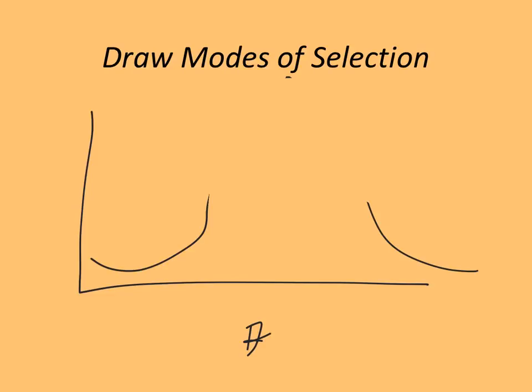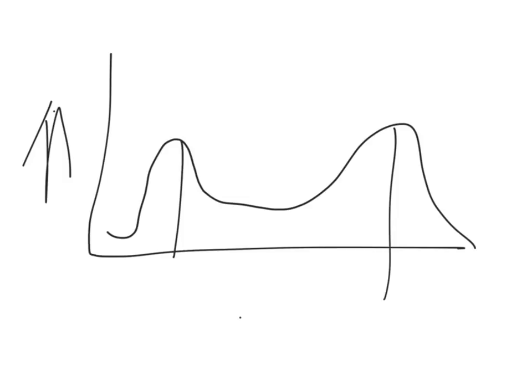And so again, you end up with a bimodal distribution because everything in the middle, those with medium-sized beaks, get outcompeted by the small beaked finches and the large beaked finches. So this is called disruptive selection.